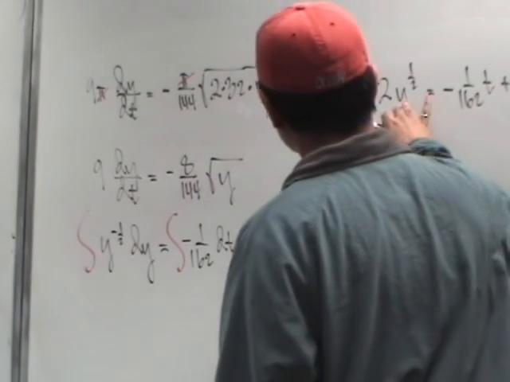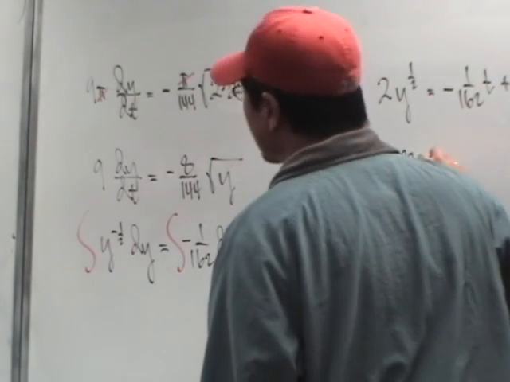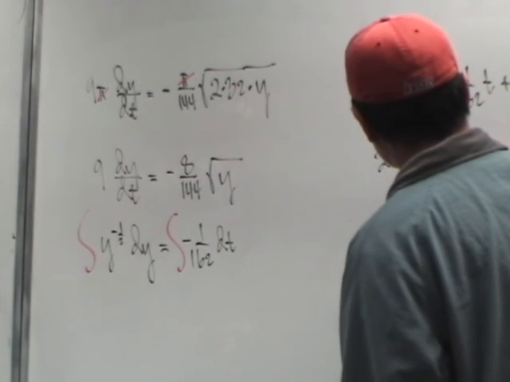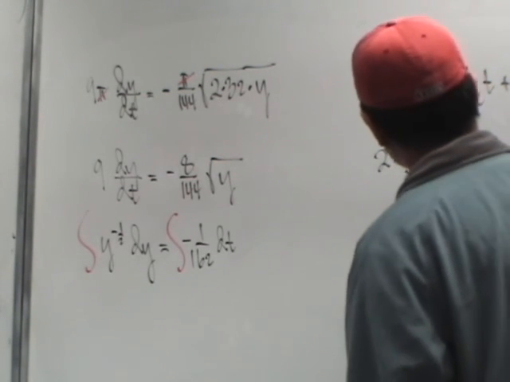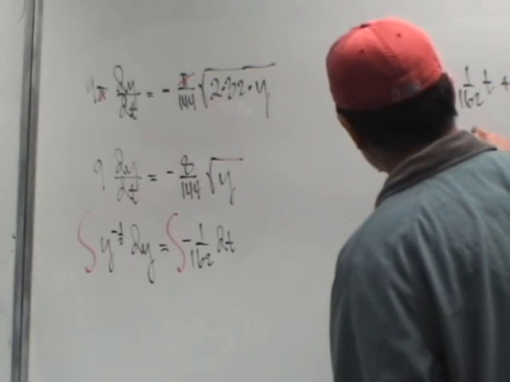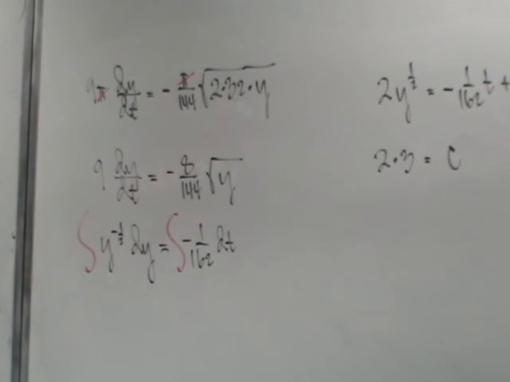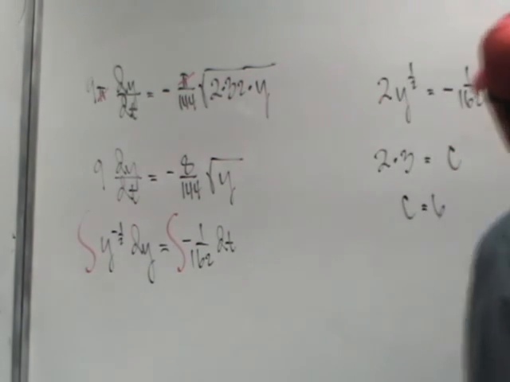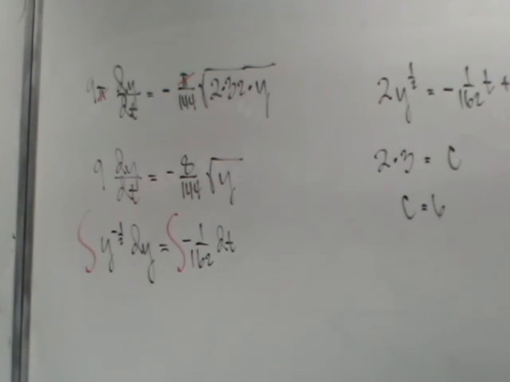When I plug in t equals 0, y is 9, so 2 times 3 is c. c is equal to 6. So the equation then is 2 times y to the 1/2 equal to negative 1 over 162 t plus 6. So what am I doing now?